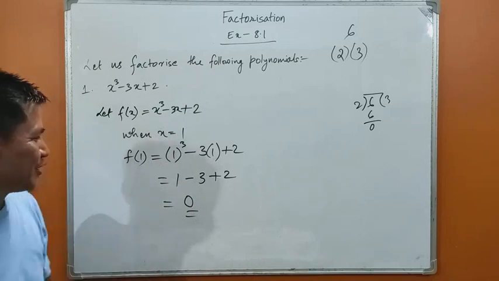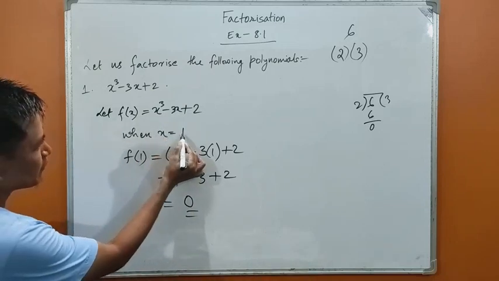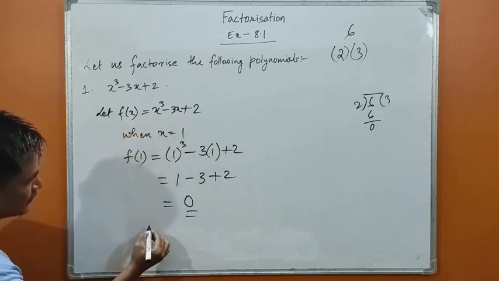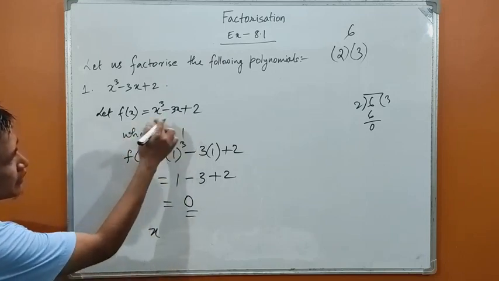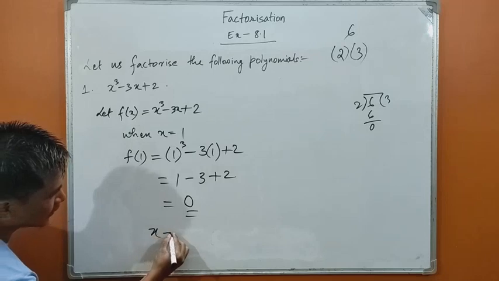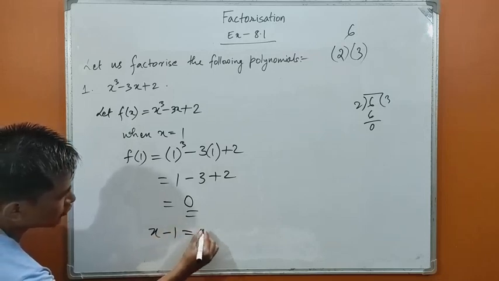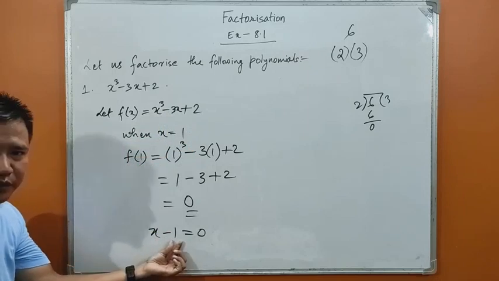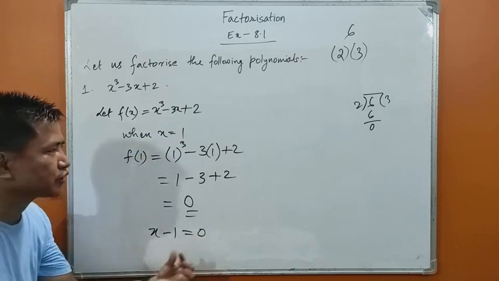Are you getting me? When we bring plus 1 to the left hand side, it becomes minus 1, so x minus 1 equals 0.